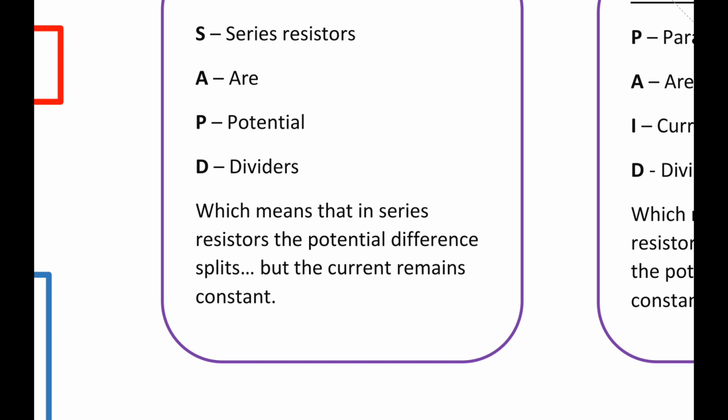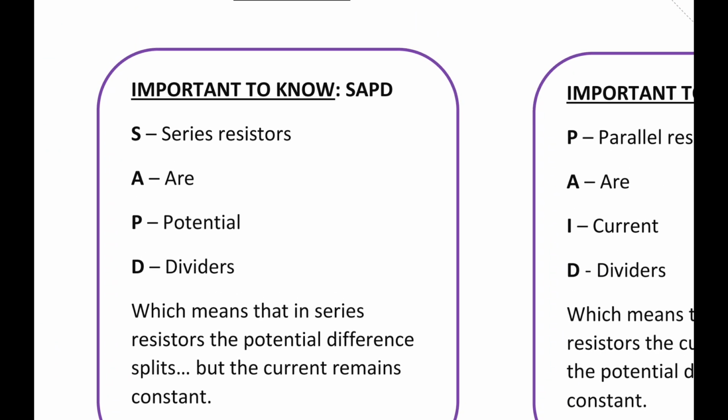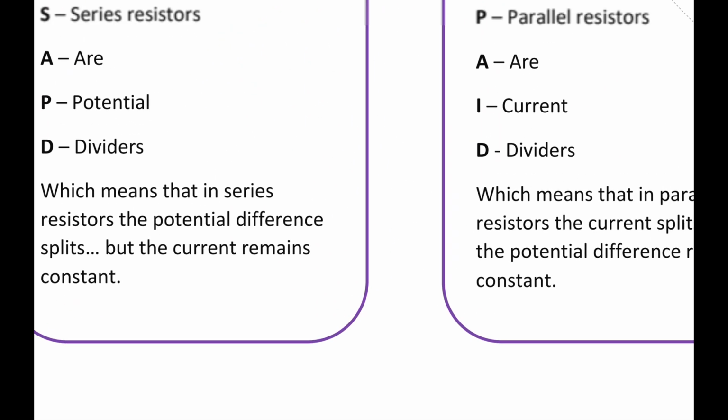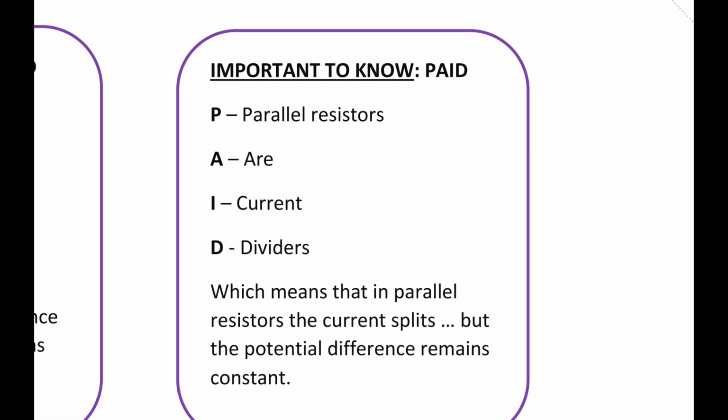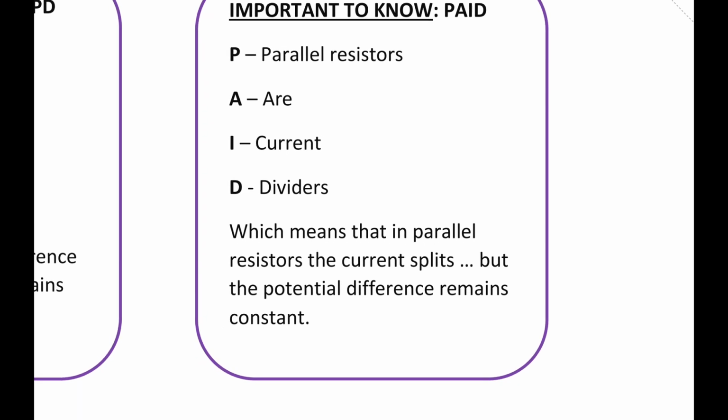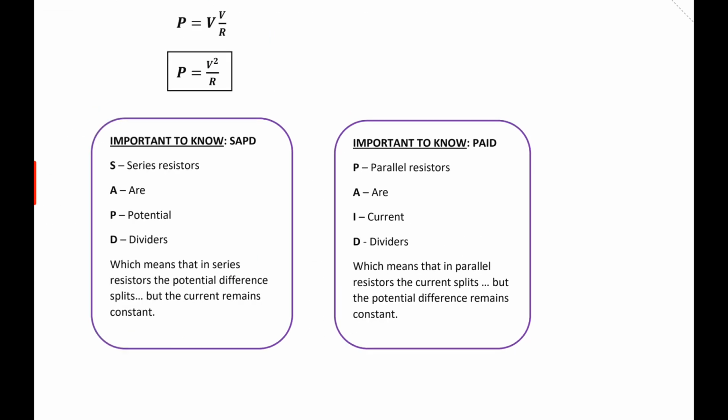Then the P-A-C-D part means parallel resistors are current dividers, which means that in parallel resistors the current splits but the potential difference remains constant.